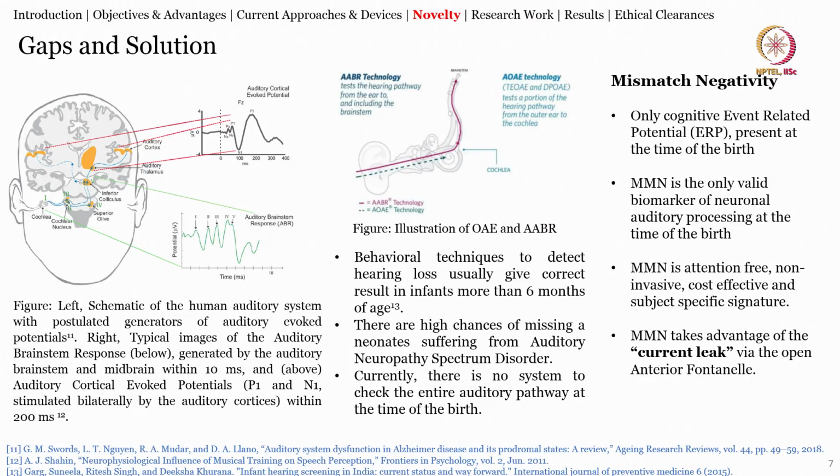If you see the slide, we were discussing that from the hearing it goes to the auditory thalamus, and if you look further it can reach the auditory cortex. So, can we add one more marker, which we call mismatch negativity, to not only look at ABR but also MMN?